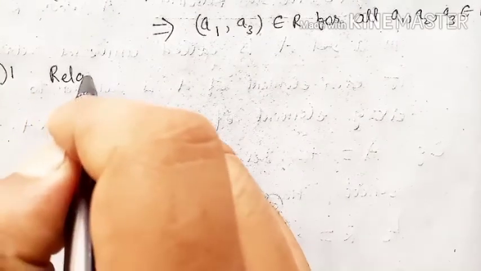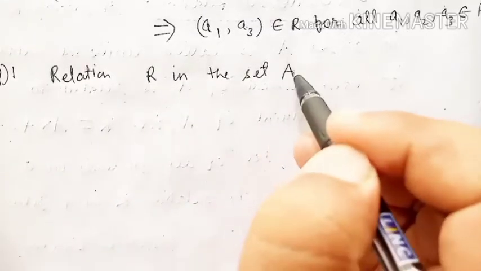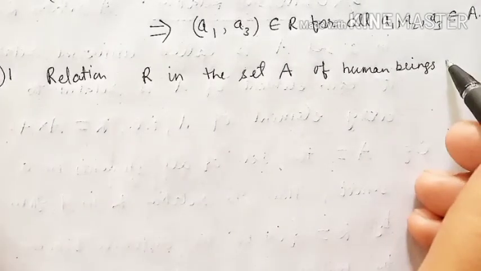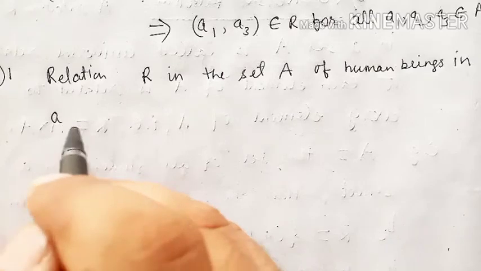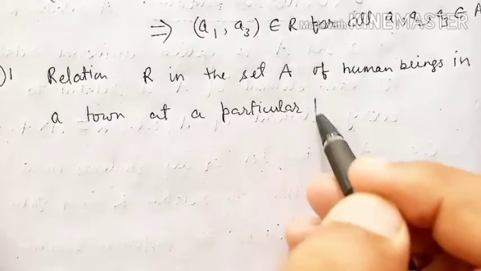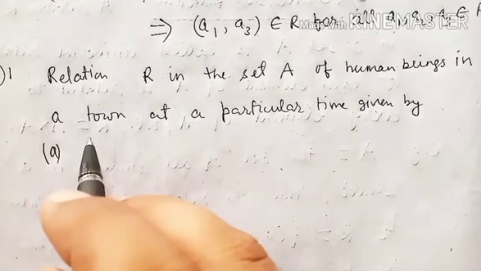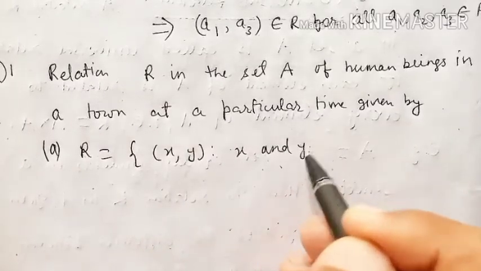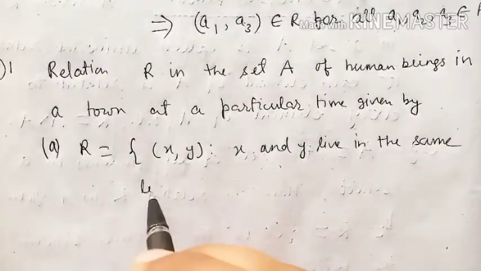Relation R in the set A of human beings in a town at a particular time is given by: A, R is the set of all ordered pairs (x, y) such that x and y live in the same locality.